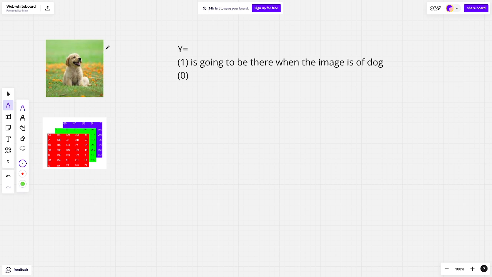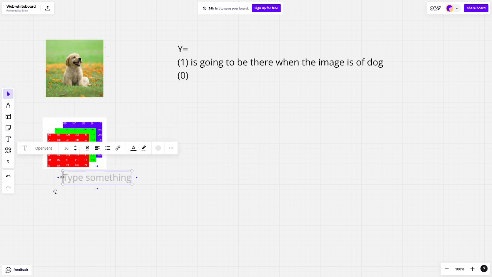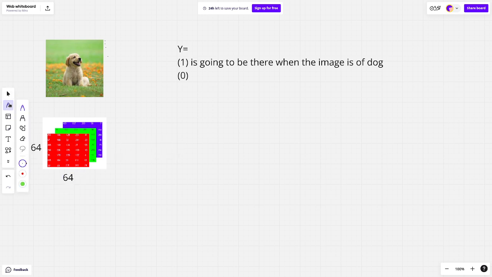After that, we convert each and every pixel into the form of matrices. These are going to be 64 by 64 matrices, red, green and blue, and we are going to transform them into the feature vector, where we take each and every number.